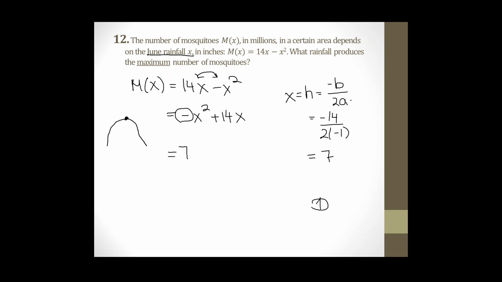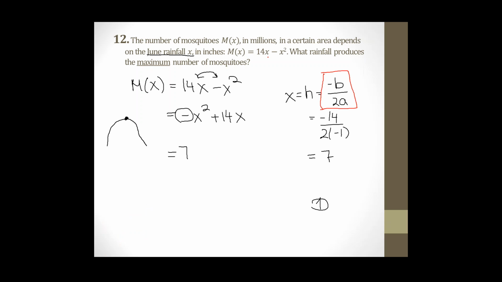If by any chance you cannot remember this formula, let me highlight it in a different color, in red. This formula finds the maximum or the minimum, the vertex, basically the x value. You can also graph it.